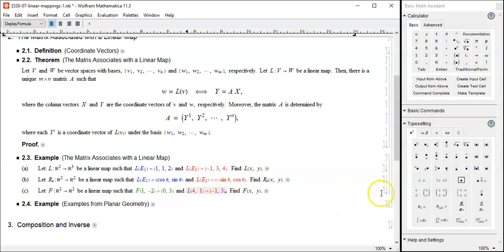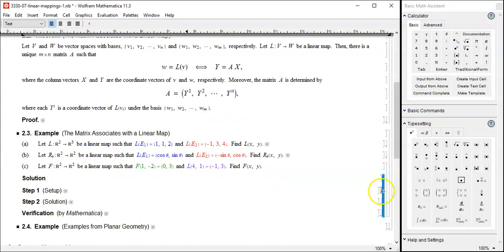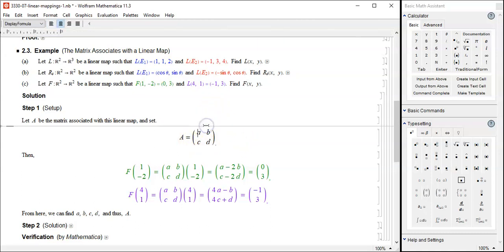So how do you handle that? Well, let's assume these matrix expressions exist and then set up a system of linear equations. There has to be a matrix associated with this linear map. E1 goes to (A, C), and E2 goes to (B, D). Maybe I should specify that.